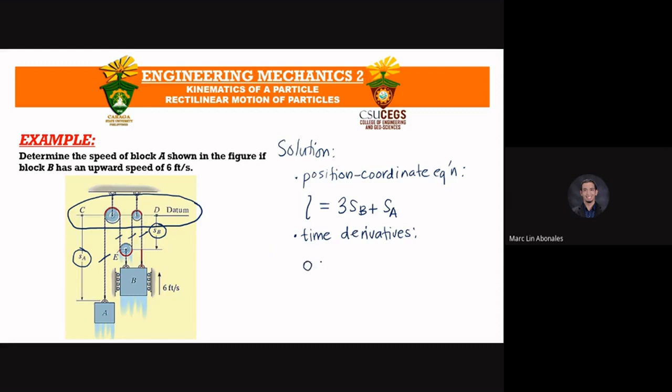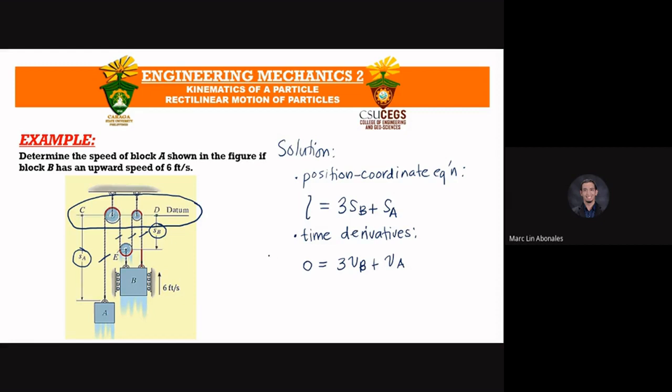So that will become 0 equal to 3VB, since the derivative of SB with respect to time is VB, the velocity of block B, plus VA, since the derivative of the position of block A with respect to time is VA.